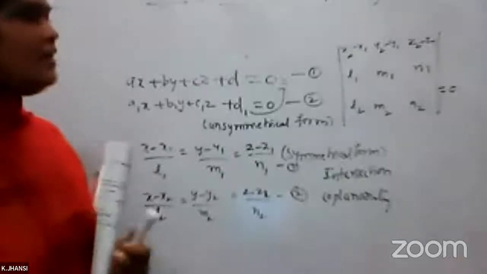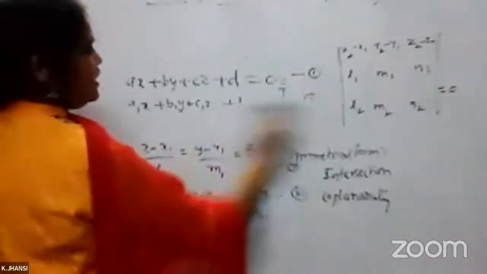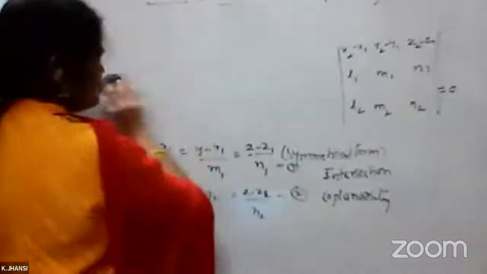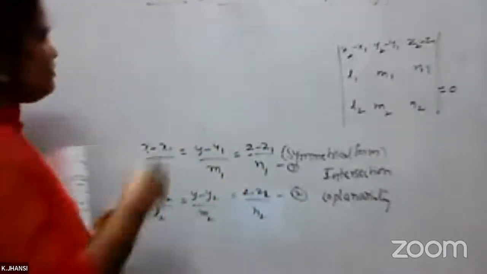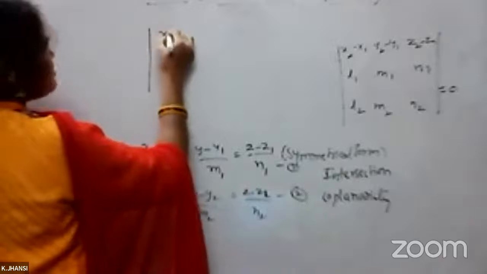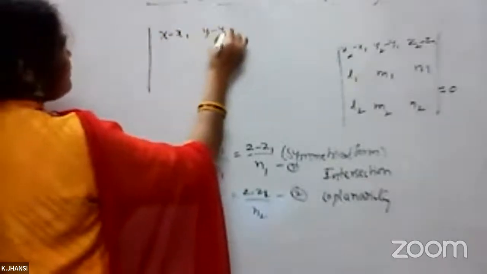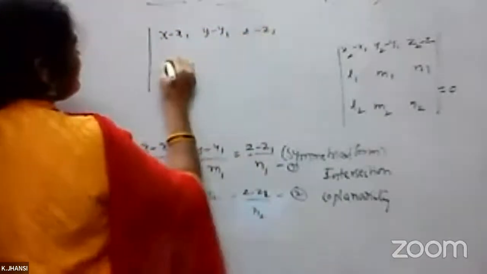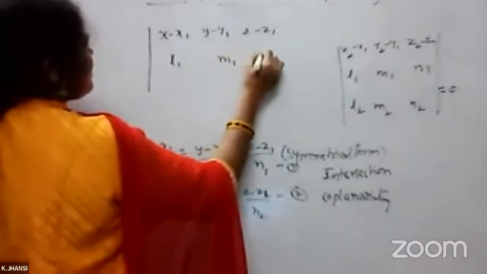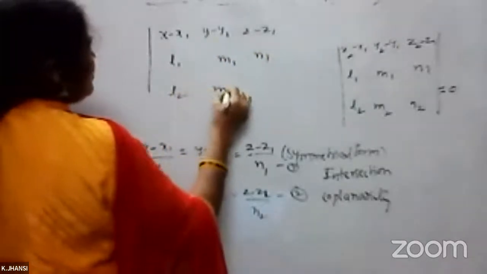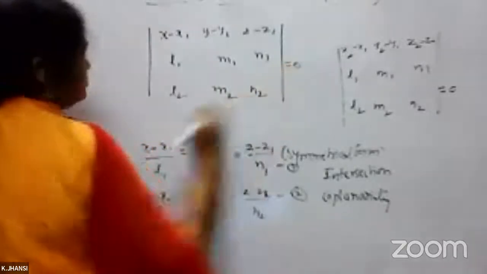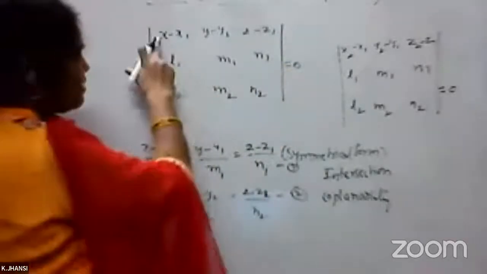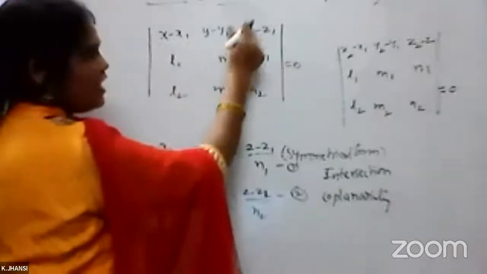In that only, they will ask one more question, to find the equation of the plane. So for that, the formula will be the determinant x minus x1, y minus y1, z minus z1, L1, M1, N1, L2, M2, N2. When you equate it to 0, it is not equal to 0 automatically. Why? Because x value, y value, z value are there.